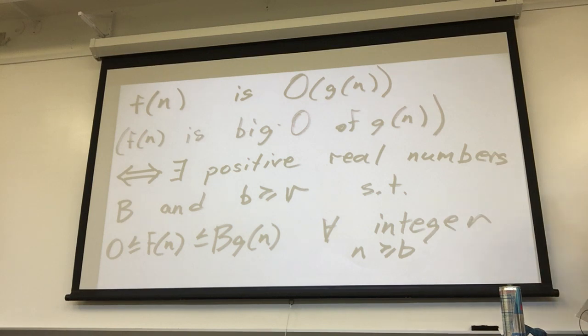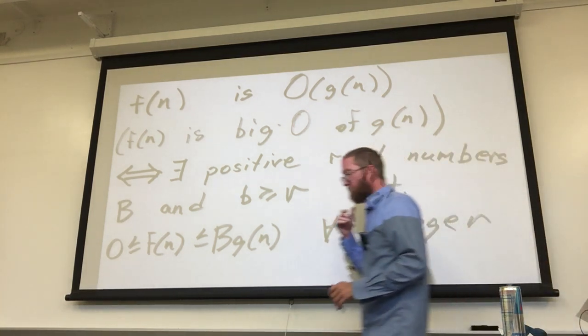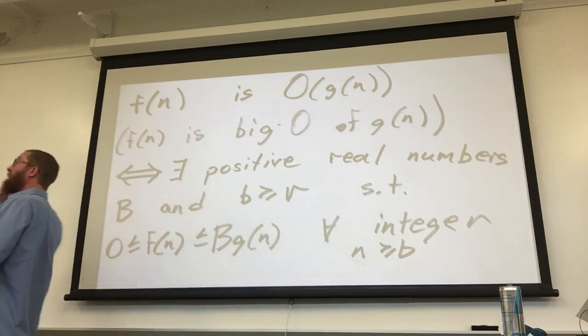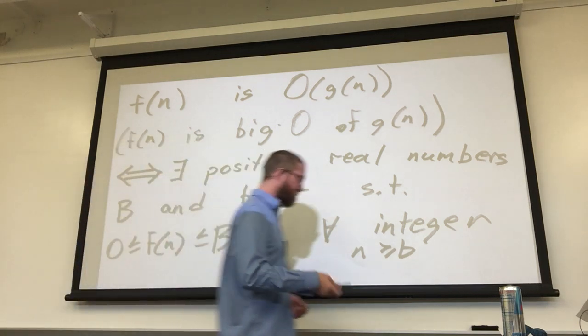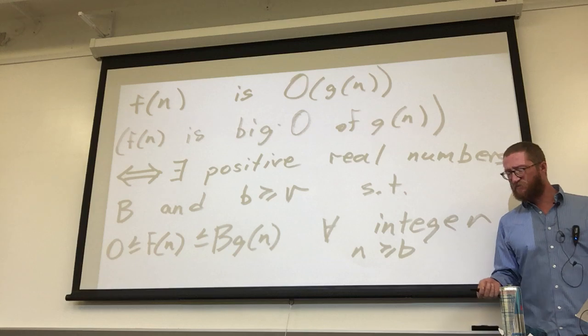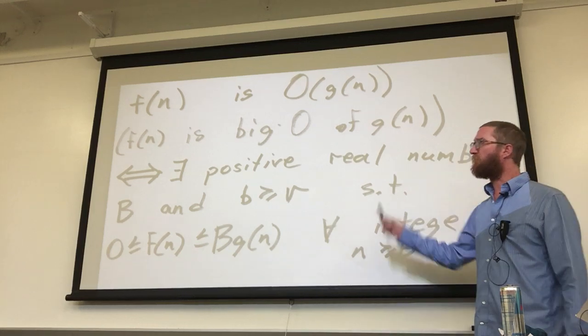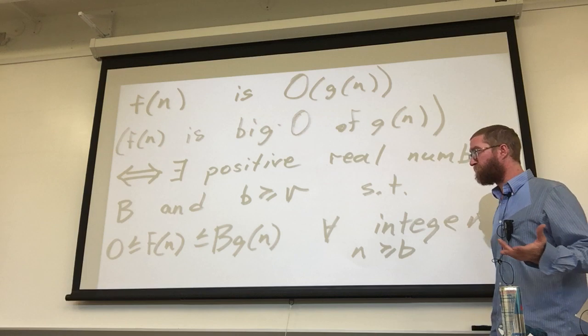So f of n is big omega of g of n if f of n is bounded below by a constant multiplied by g of n for every n past a certain point. And now big O: f of n is big O of g of n if there exists a positive real number such that, first of all, it has to be bigger than that r. What was that r? That was saying whenever g of n is going to be positive.